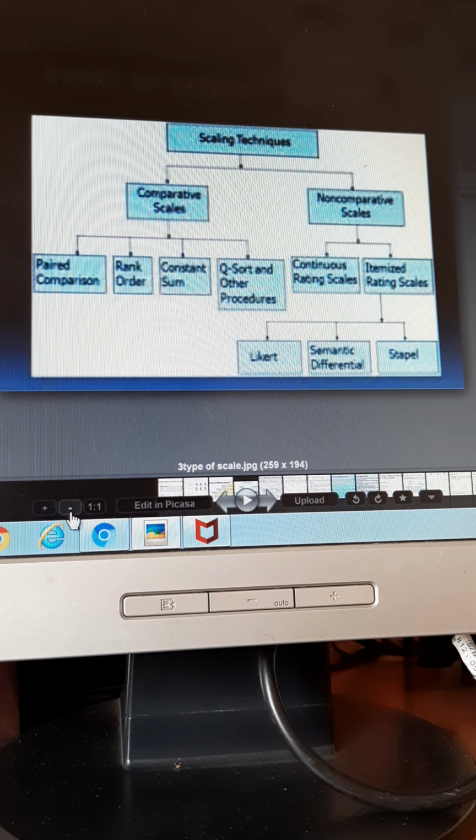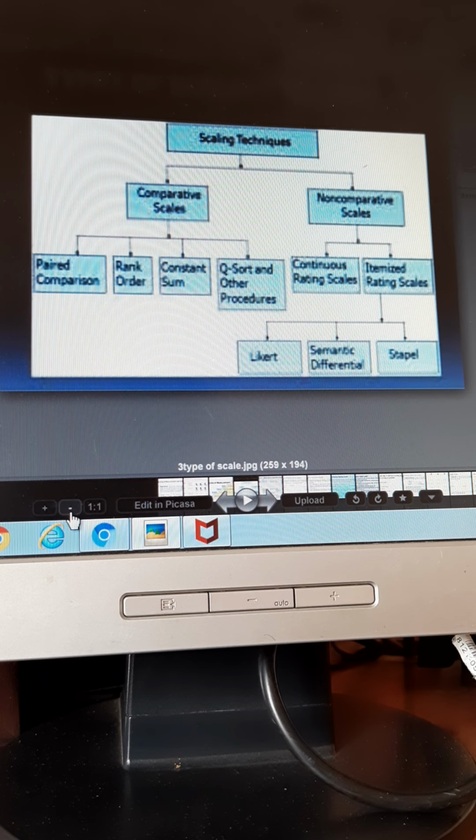So if you see what comparative scales are, the scaling provides a mechanism for measuring abstract concepts. Yesterday, while starting, we started discussing why we have to construct scales.